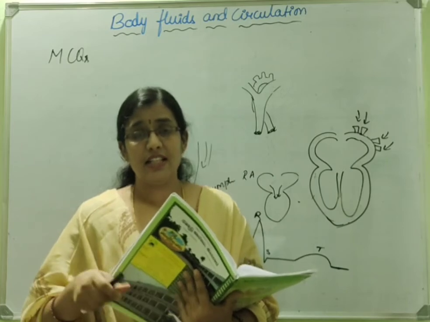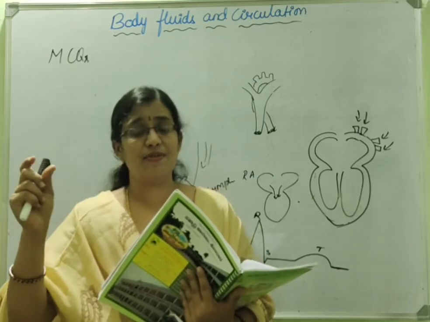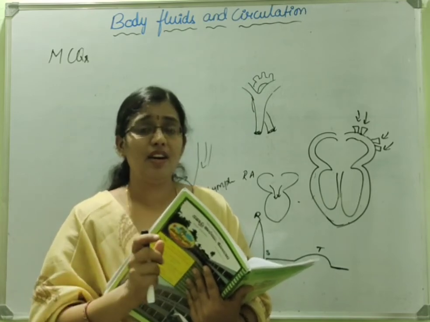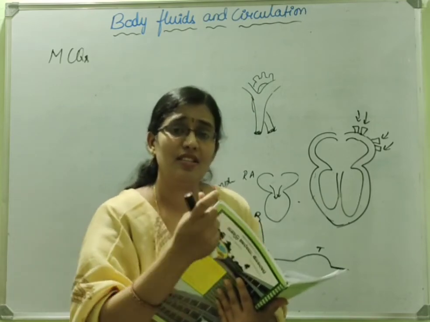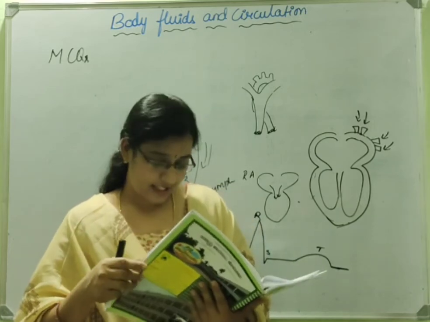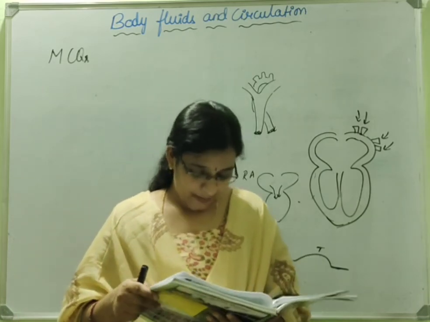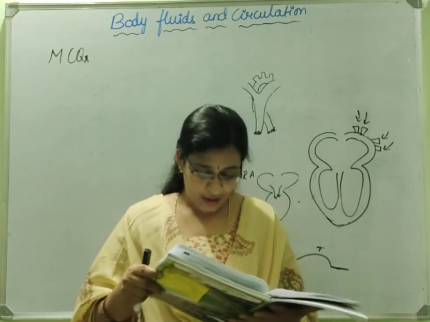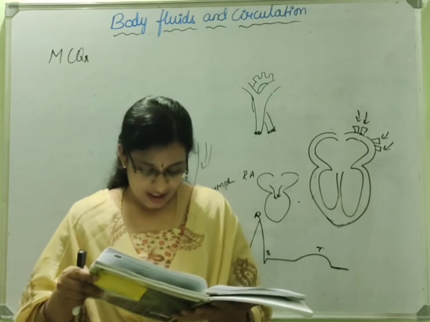That means the deoxygenated blood present in one organ will be received by the other organ before getting into the systemic circulation. So that is called the portal circulation. Option A.